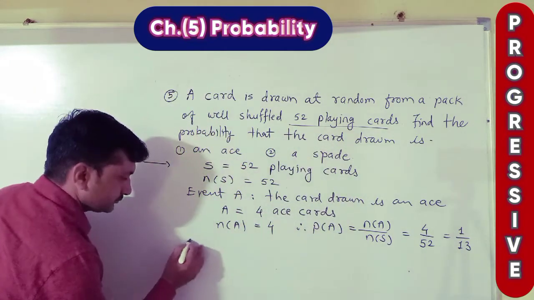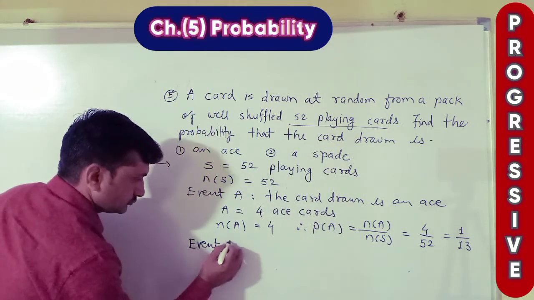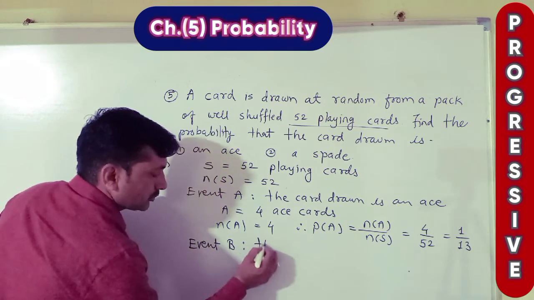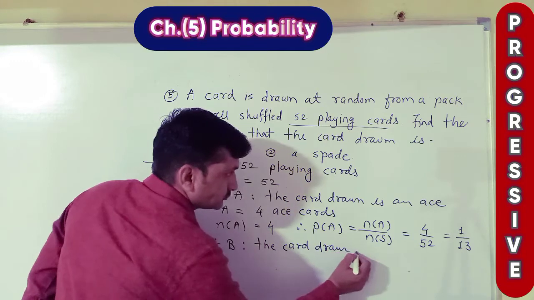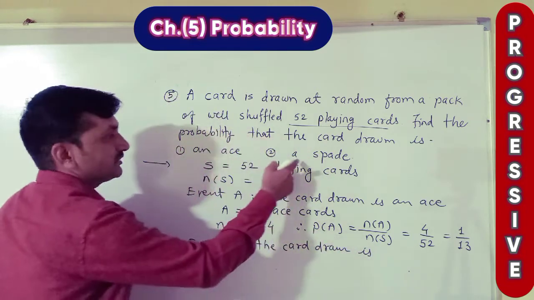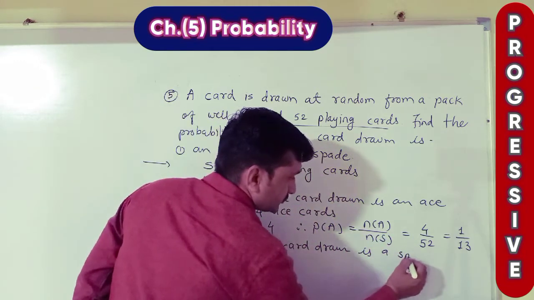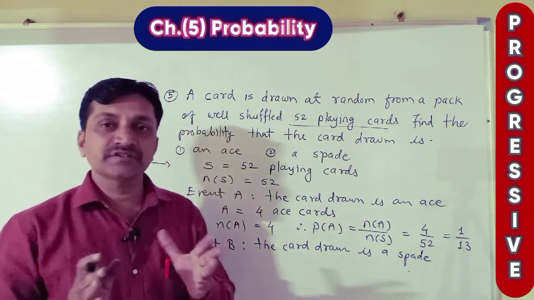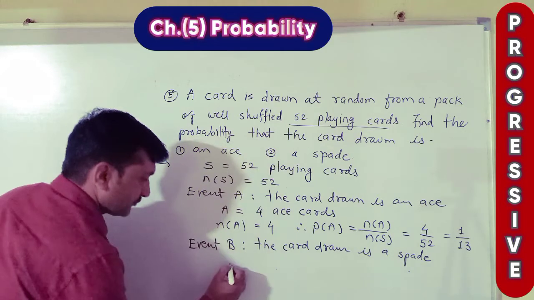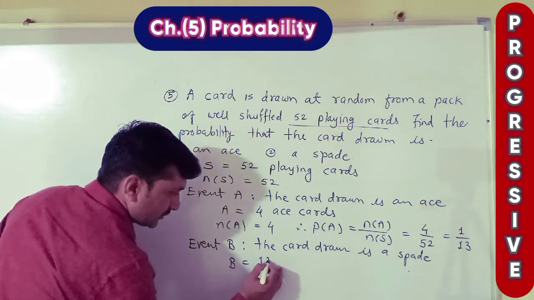Event B. Event B, the card drawn is a spade. Then in a set of 52 cards there are 13 spade cards. Therefore B is equal to 13 spade cards.